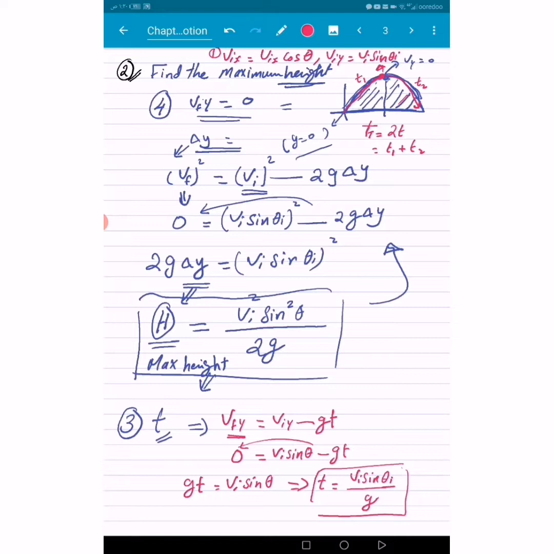The time to fly to the maximum point is the same as the time from the maximum to reach the ground, which is T2. It's the same.